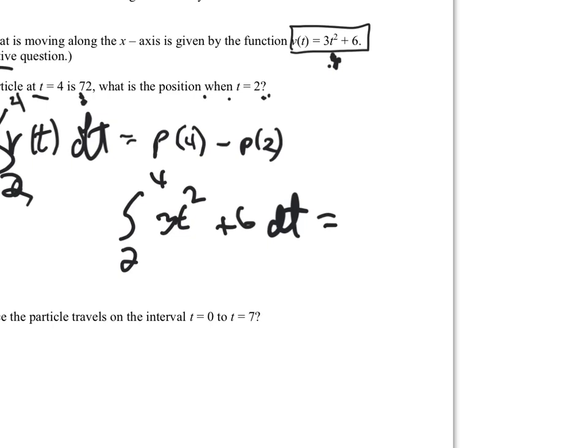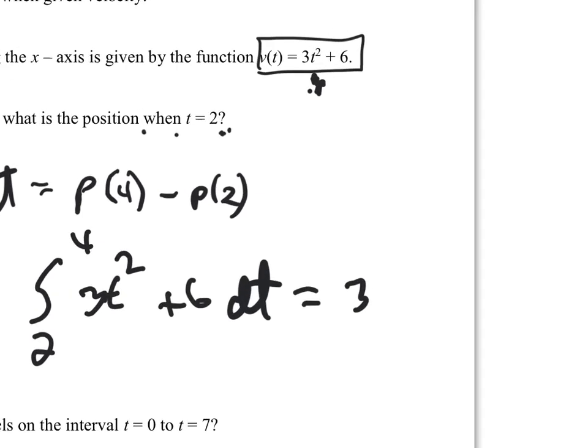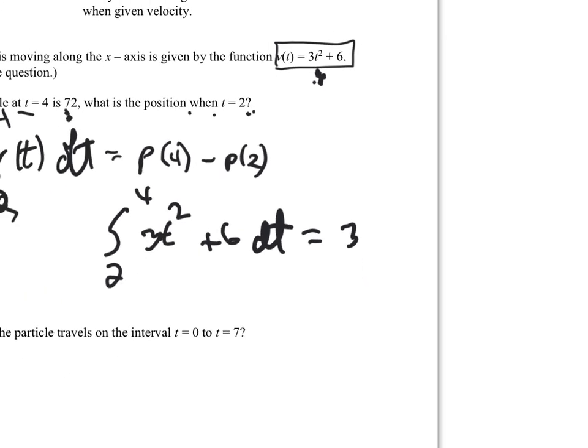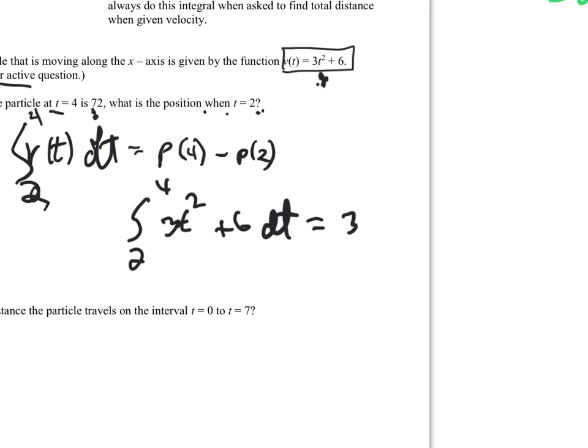What is that going to give me? 3t cubed divided by 3. That's right. Plus 6t. And then I'm going to evaluate this from 2 to 4.